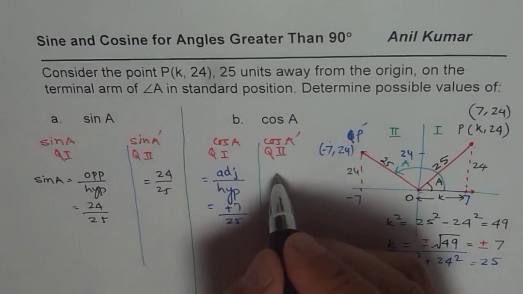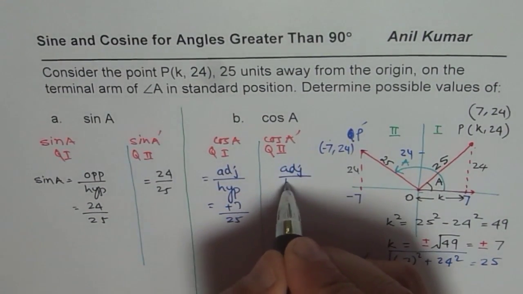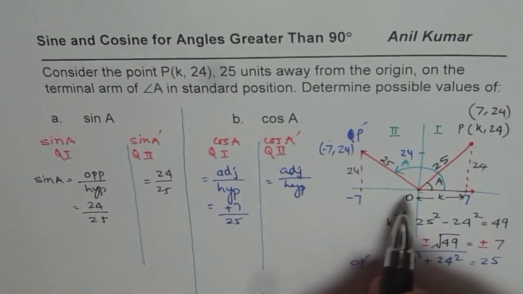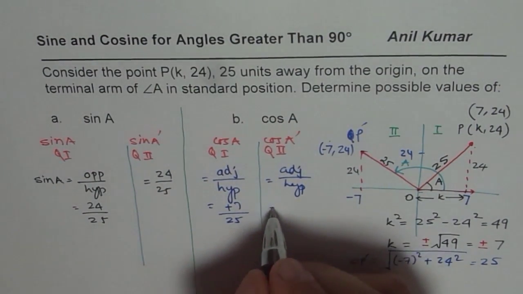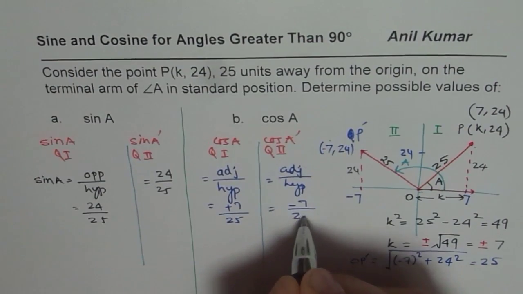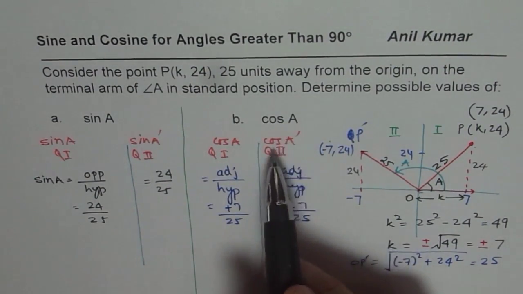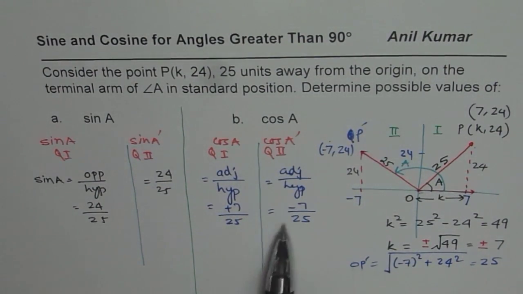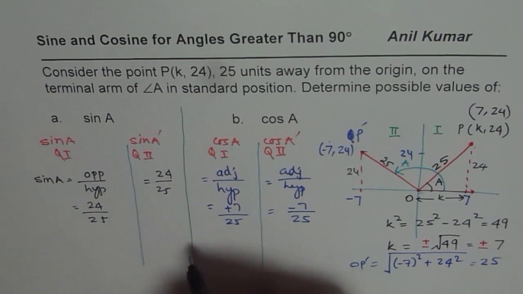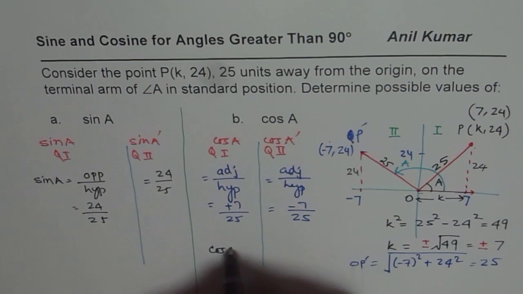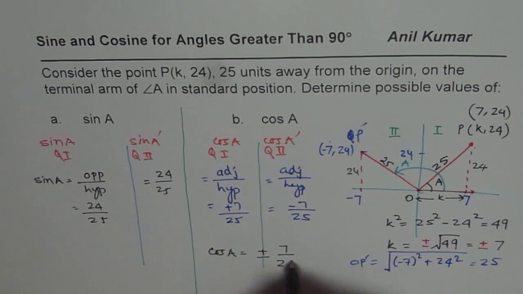In quadrant 2, adjacent over hypotenuse, adjacent is minus 7, so in this case it is minus 7 over 25. So for cos A, we get two different answers, plus and minus 7 over 25. You get the idea, right? So cos A is equal to plus or minus 7 over 25.